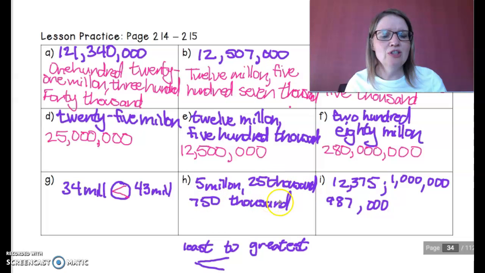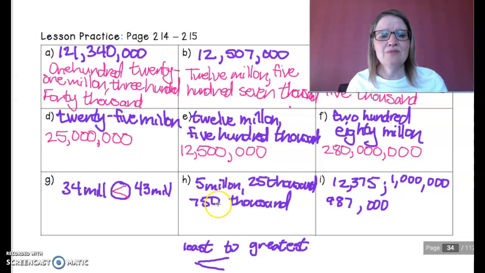So you have to look at place value here. We know that thousands are smaller than millions. So automatically we know that these two are smaller than this 5 million, even though when you look at it, it's only one digit. So it starts off the smallest.